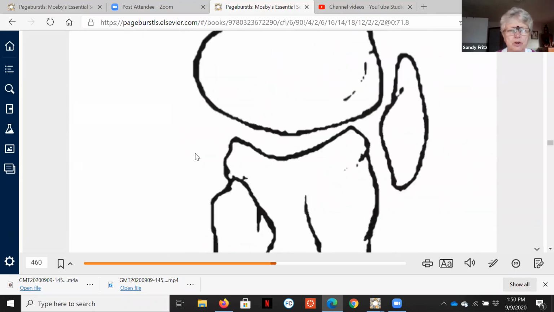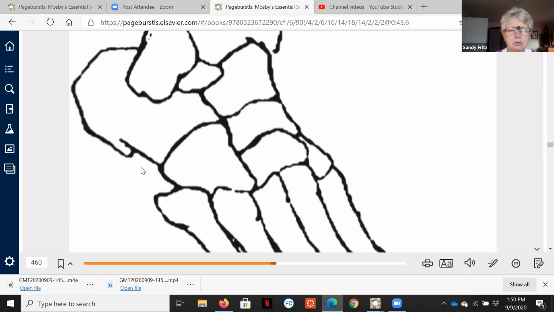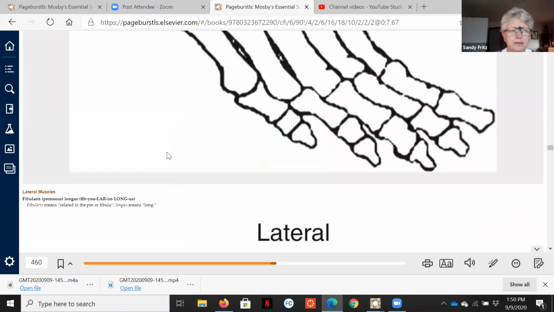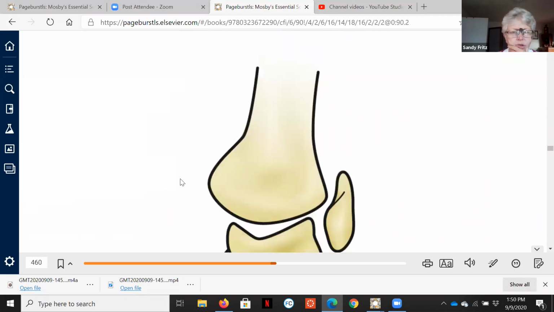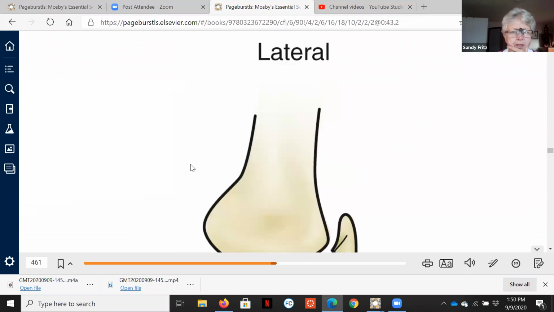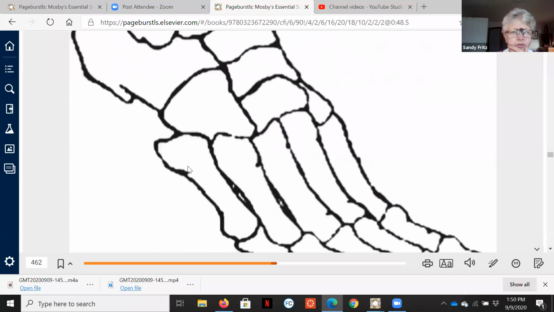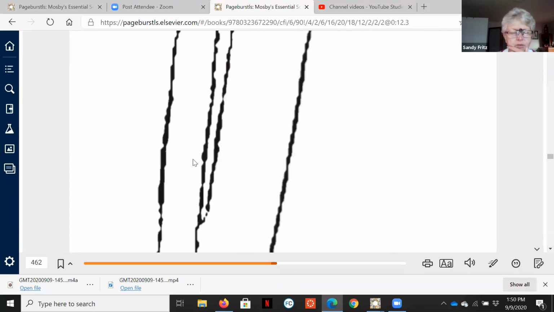And there's all your drawing activities. This is the lateral leg. So these are your fibularis muscles. None of those were mentioned. So those wouldn't be involved in flexion.